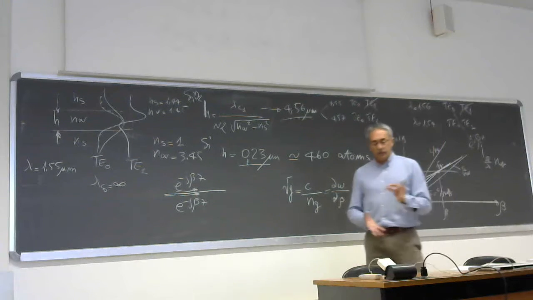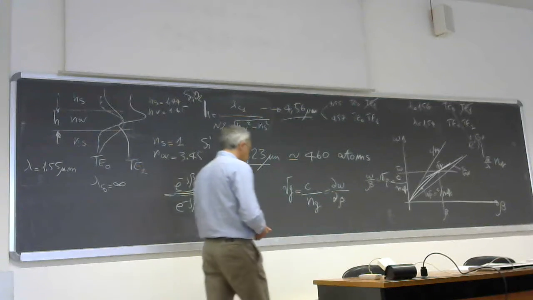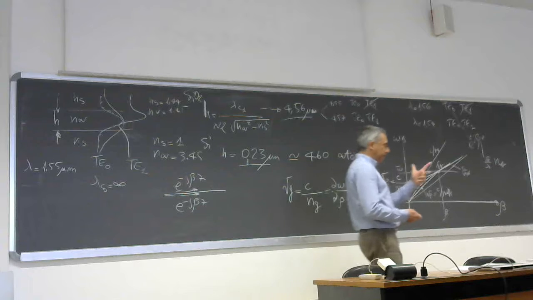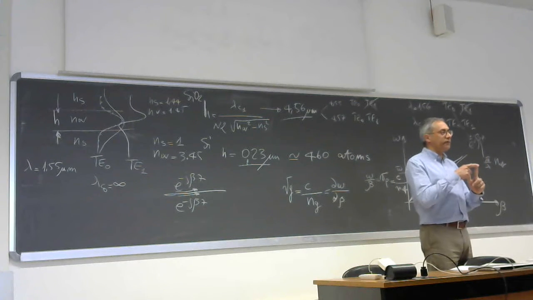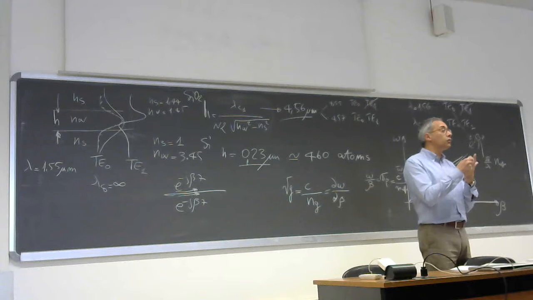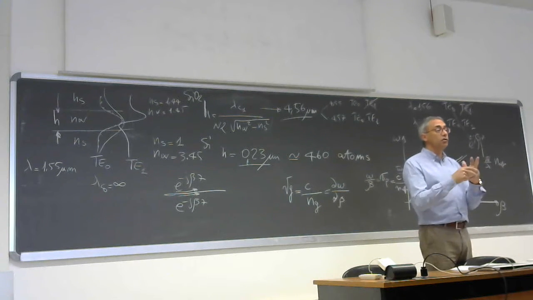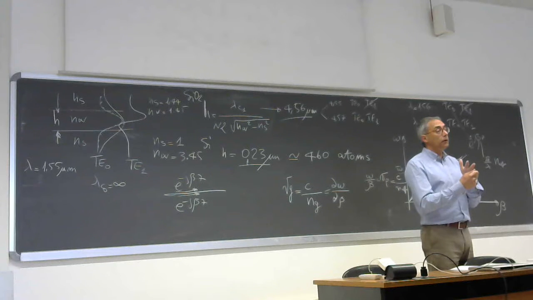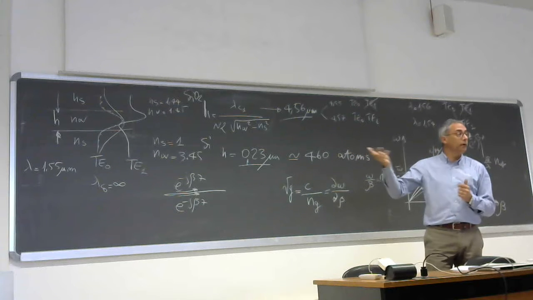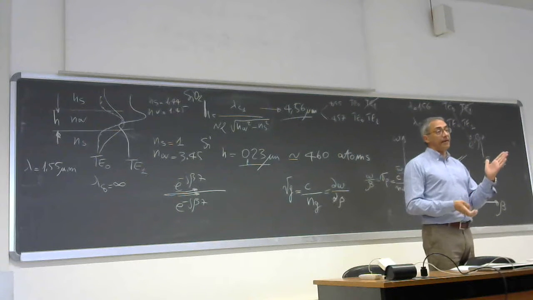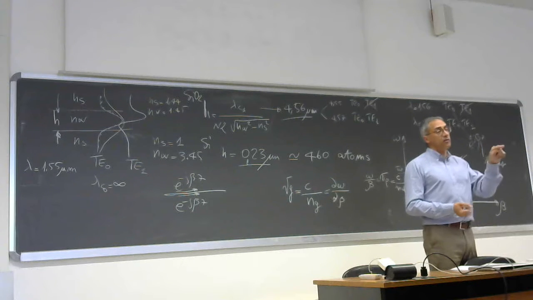When I started yesterday, I said that there were two components of the electric field, and one of the magnetic field was zero. The other solution is called TM, and there is a mode very similar to this one, but it is transverse magnetic, so it does not have a field in the direction of propagation.